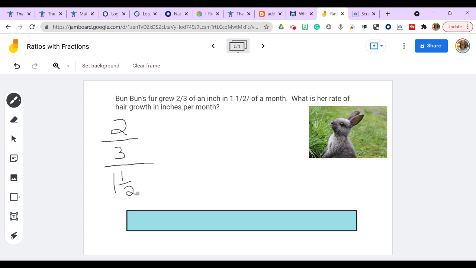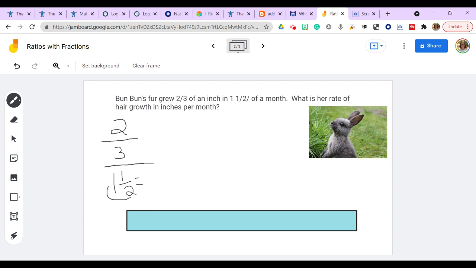Okay, so now that I've written my complex fraction, and that makes sense because I'm dividing 1 1/2 into 2/3 to find the rate per month, the first thing I need to do is change this mixed number into an improper fraction. I do that by looking at my denominator, which is 2, multiplying it by my whole number, which is 1.